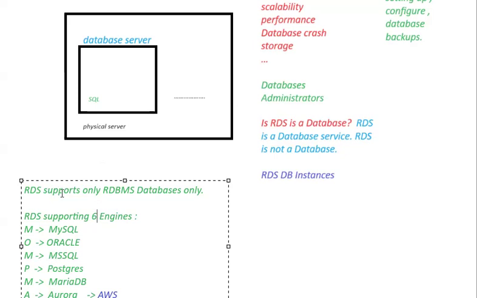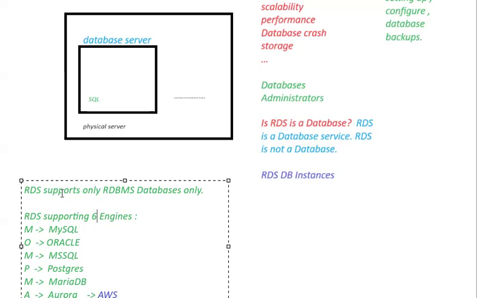We just use it. RDS is just like a platform as a service, which just provides you engines. You can access it and create your databases in whatever engine you selected in the RDS, and the whole platform will be managed by AWS.